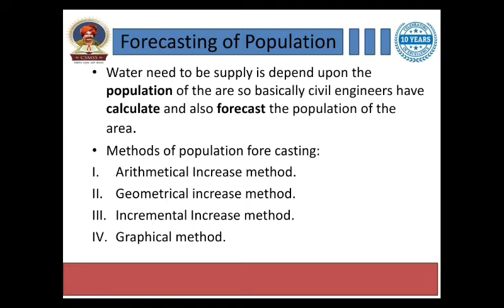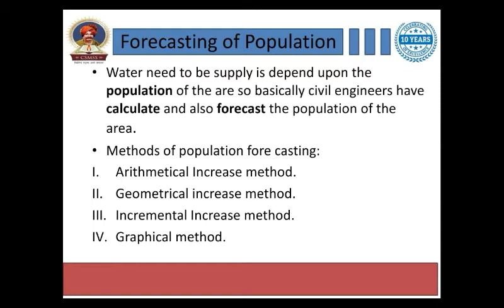Then what are the methods of population forecasting? There are various types of methods, but we are going to study majorly these four: the arithmetical increase method, so please write it down in your notebook, the geometrical increase method, the incremental increase method, and the last one, the graphical method, right?